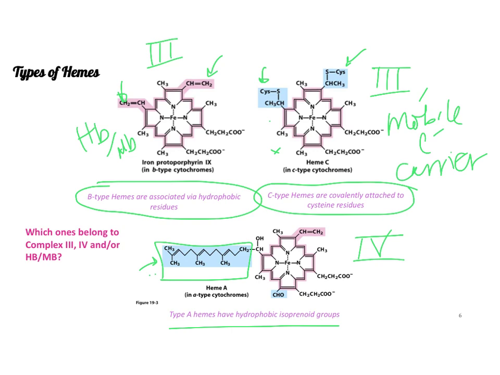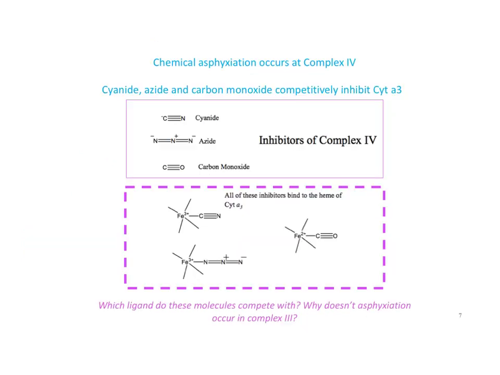But what I want you to see is that all of these have an iron right in the middle of them, which means that certain poisons will strongly attach. All right, so these are the poisons, cyanide, azide, and carbon monoxide, that will bind to any heme.